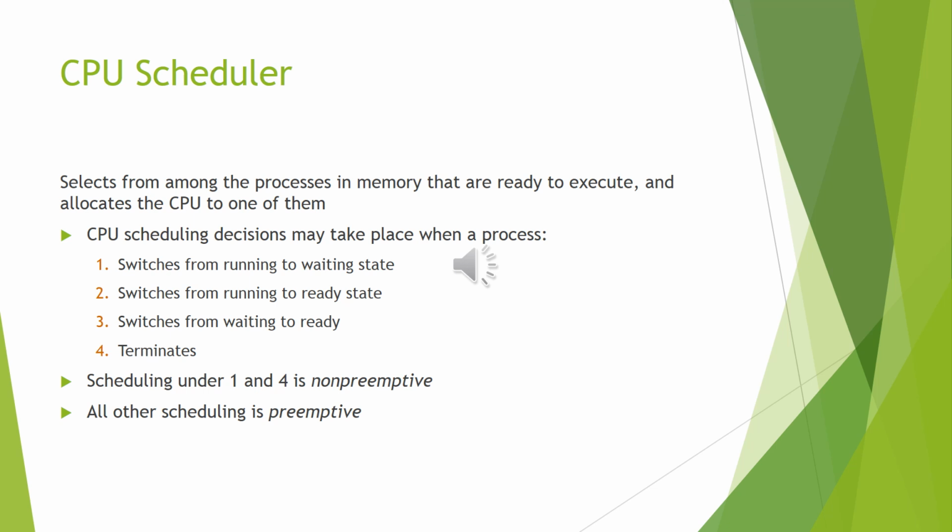Also, it can take place when it switches from the running state to the ready state. It is also possible that it goes back to the ready state. Also, when it switches from the waiting state to the ready state, and when it terminates, that is from the running state to terminate. We have scheduling under 1 and 4 as non-preemptive. All other scheduling is preemptive.